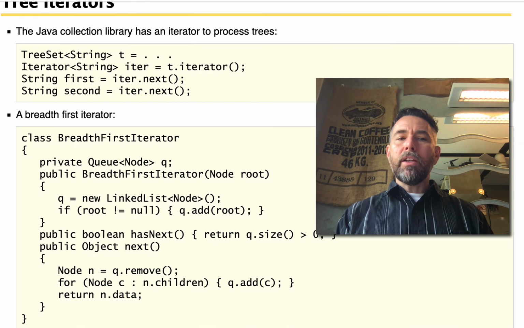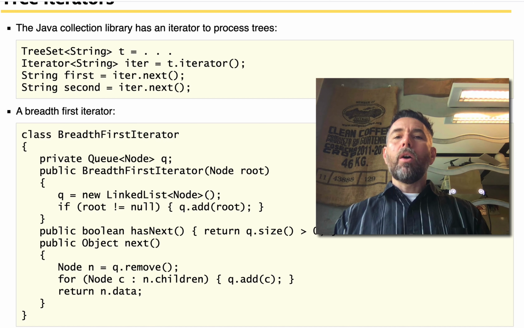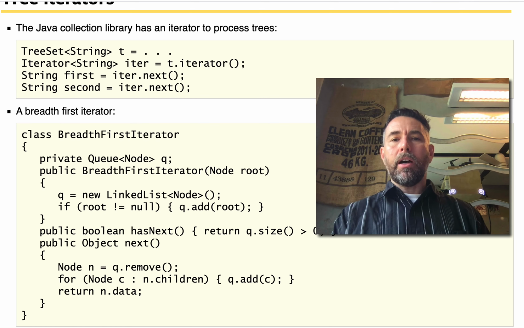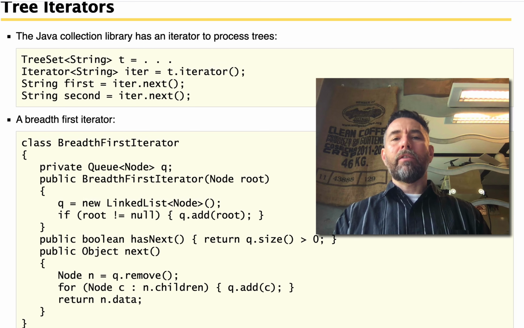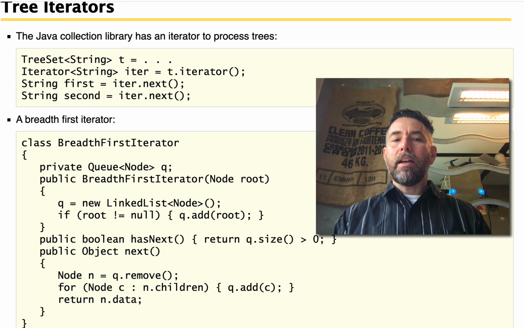All right, so within Java, we can use an iterator that's available to us. So now we're not talking about our implementation of these methods. We're talking about the built-in version that Java has. So for example, we know that there is a tree set built into Java. We can have a tree set T. We can ask for an iterator of that tree set and keep track of that as our iter variable.